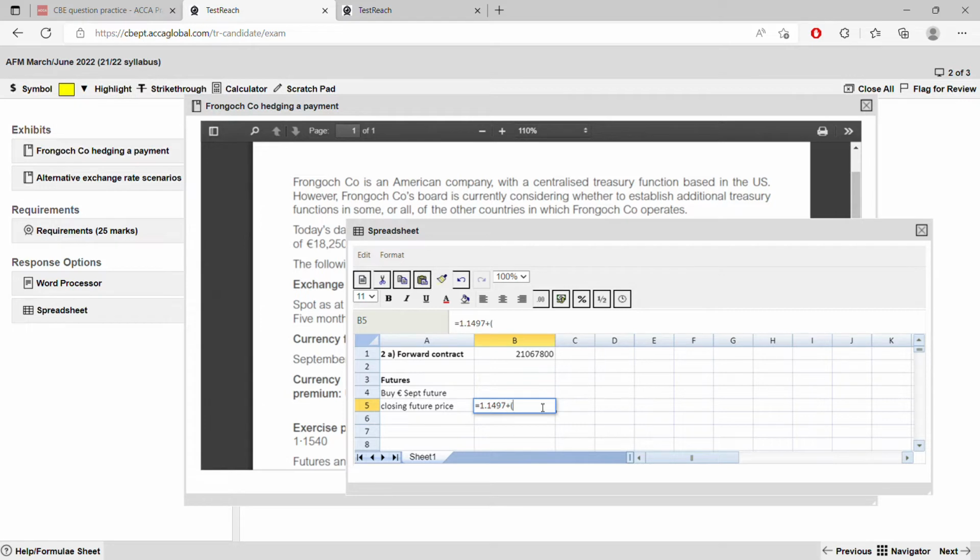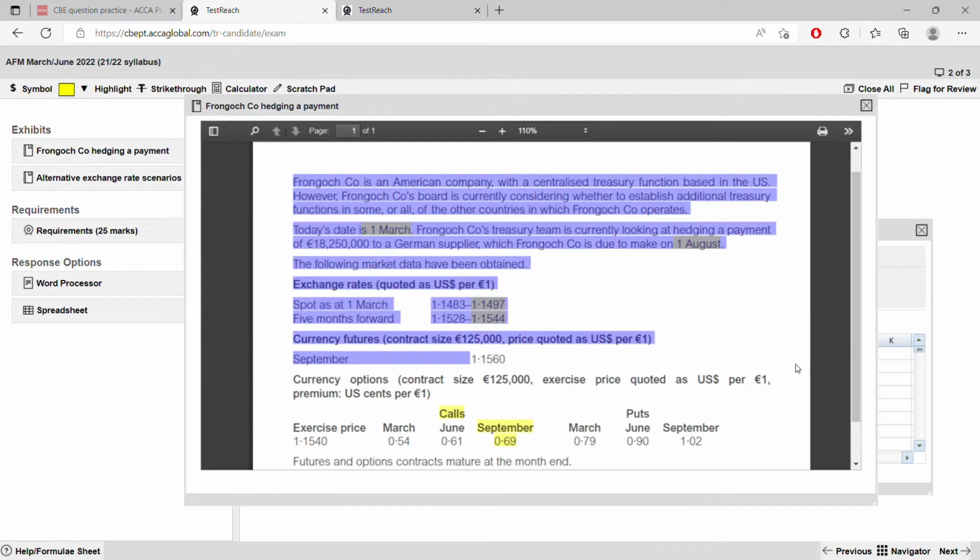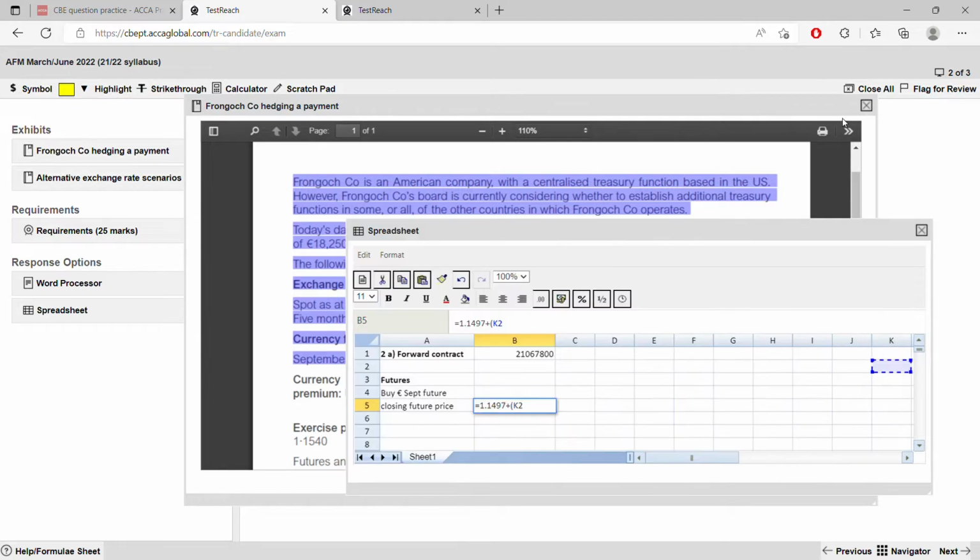Plus bracket. What is your opening future? 1.1560, right? From here, you minus your spot. Opening minus spot. Spot is 1.1497.